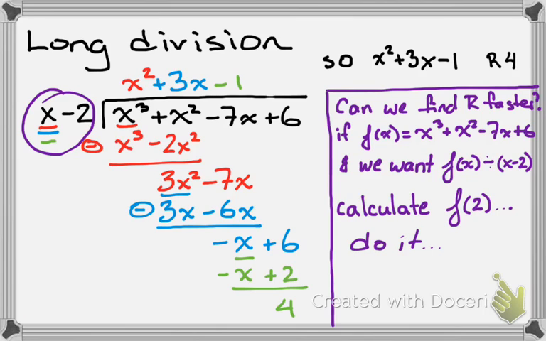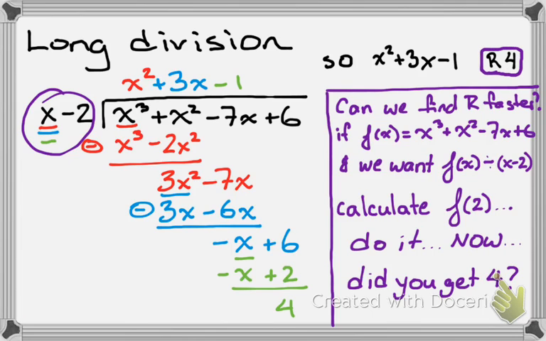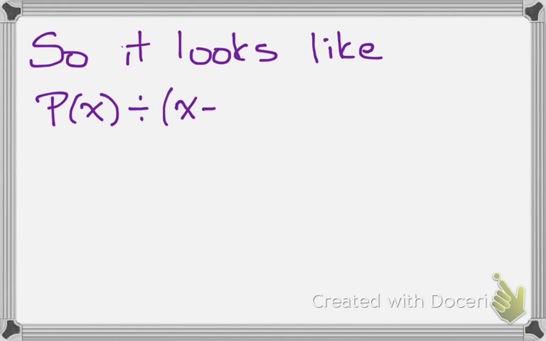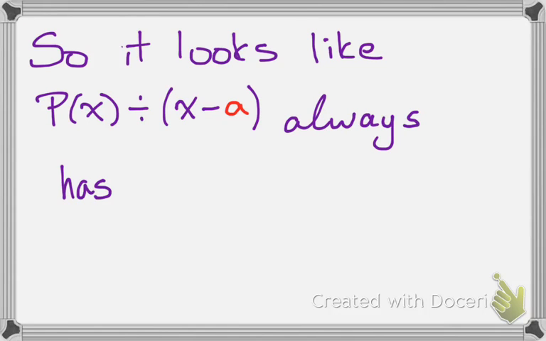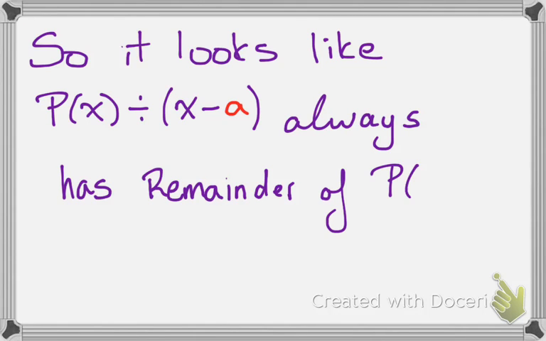Do it now. Did you get 4? That seems to be the remainder. So it looks like if we take a polynomial and we divide it by x minus a, then the remainder seems to be the same as p at a.